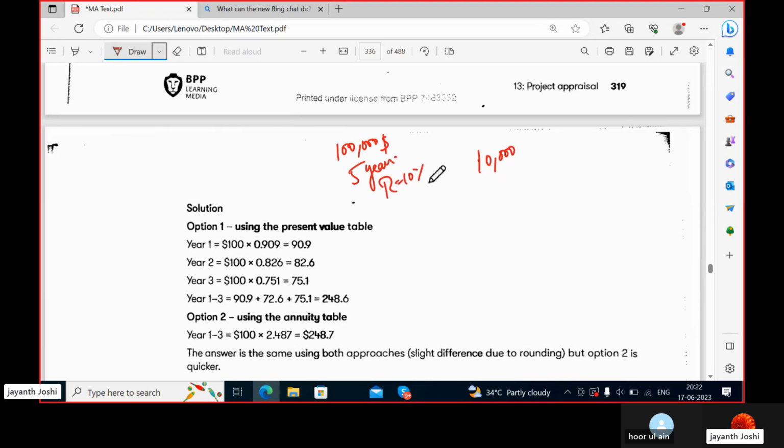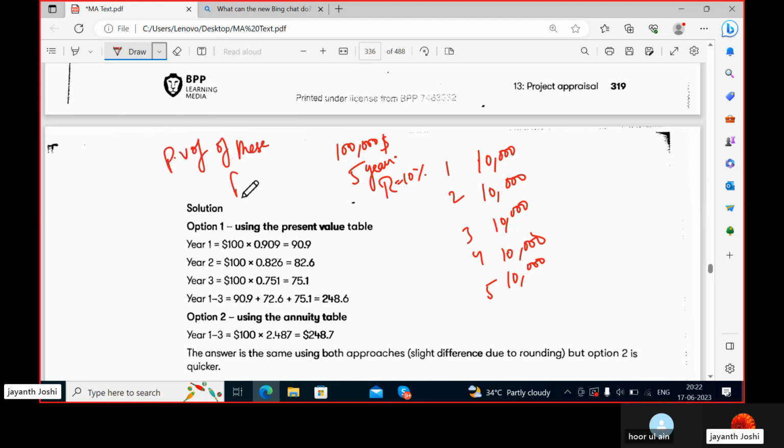So the company is paying you 10,000 for 5 years. And these are the future payments: year 1, year 2, year 3, year 4, year 5. You will be receiving these payments in 5 years. So now my question to you is, what is the present value of these future cash flows?